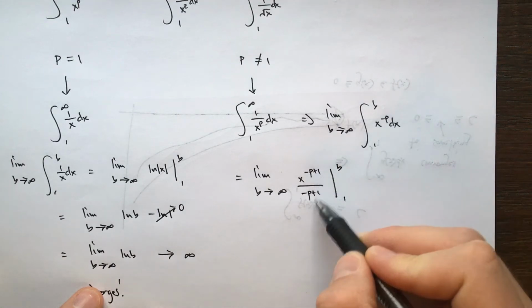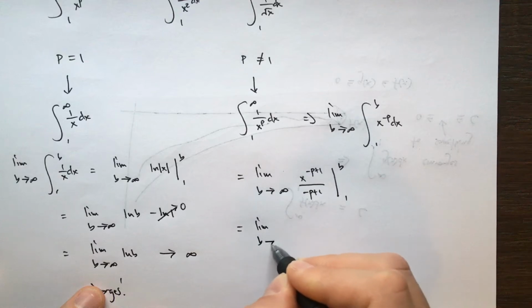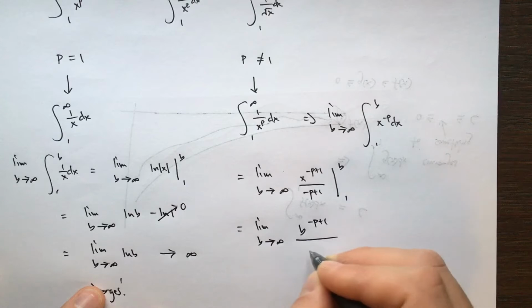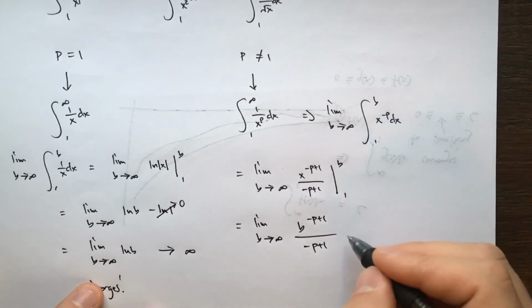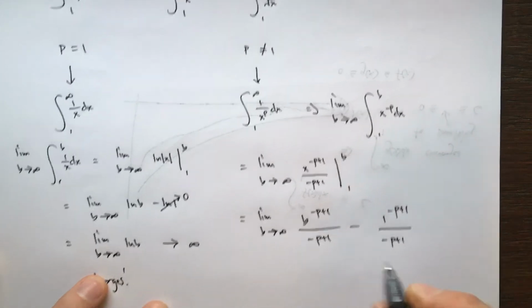Because I am adding 1 and then dividing by that exponent. That should be the limit as b approaches infinity of b to the negative p plus 1 divided by negative p plus 1 minus 1 to the negative p plus 1 divided by negative p plus 1.